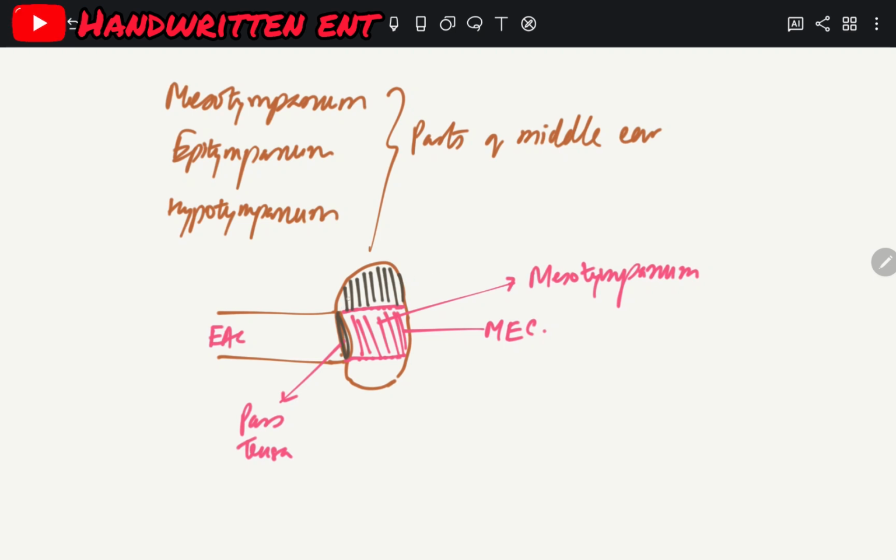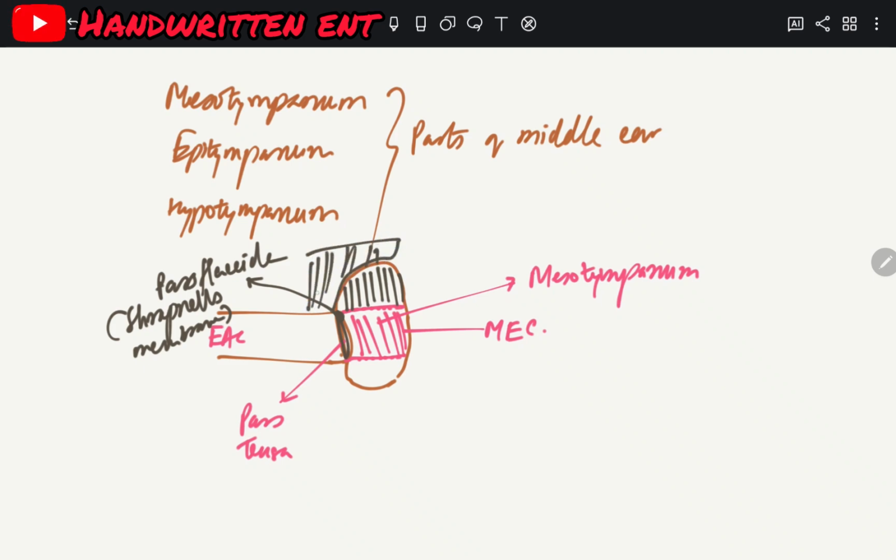It lies above the pars tensa and it is medial to the Shrapnell's membrane and the bony lateral attic wall. We know that Shrapnell's membrane, or the pars flaccida, lies somewhere around here. So this is our pars flaccida or Shrapnell's membrane, and this is our bony lateral attic wall.